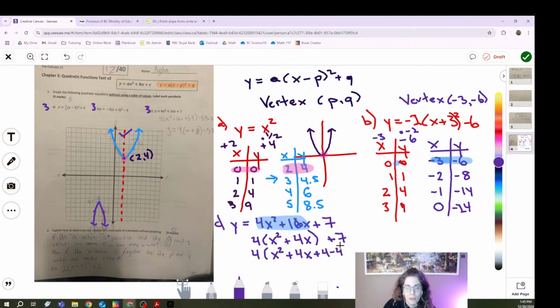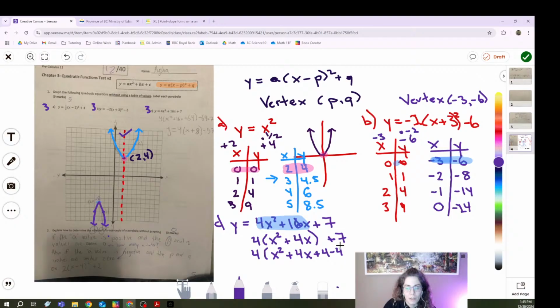Okay, so now what is my vertex form? Good. Yeah, squared on the vertex form. But yes, minus 9. That sounds right.